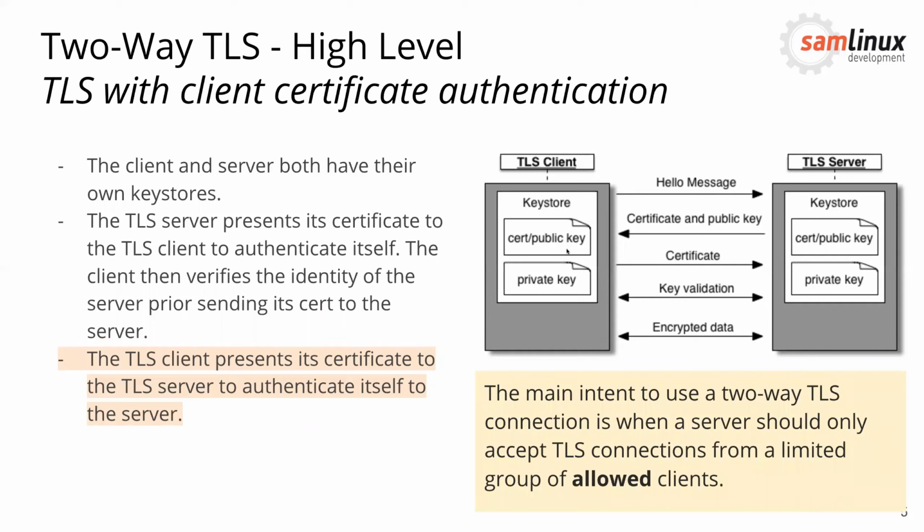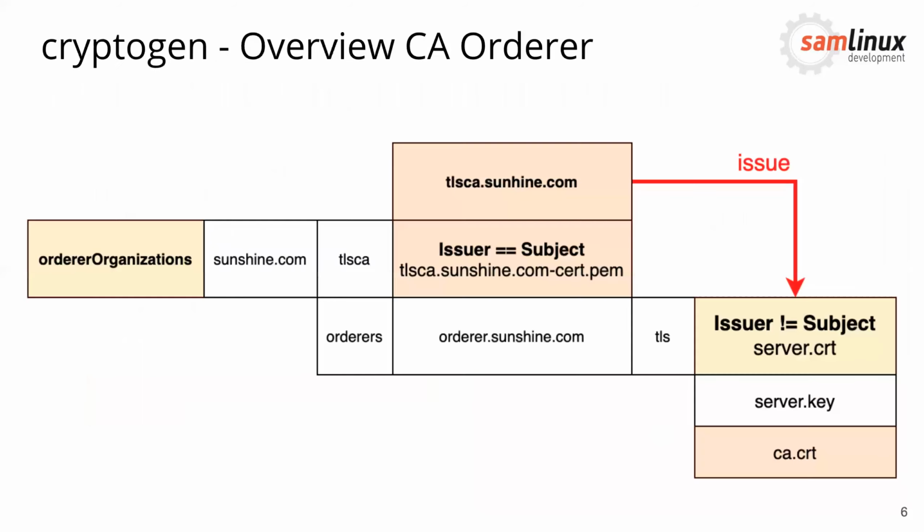Here you can see we have a check from the client side, and we have also a check from the server side. So with this, you can make sure that only known clients, peers, orderers, or in more general members from our network can communicate together. So these are the differences between these two versions.